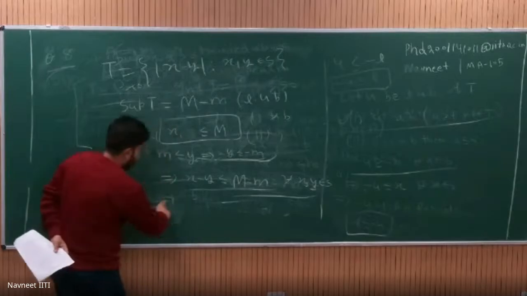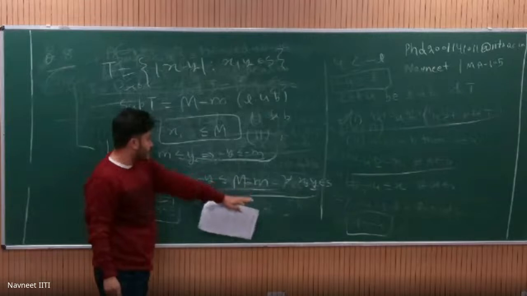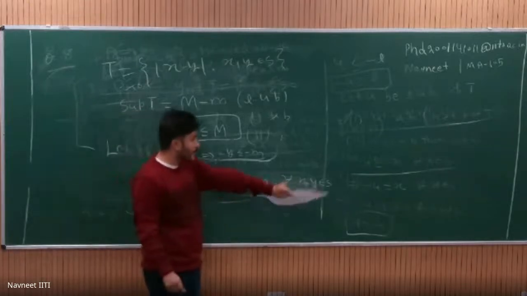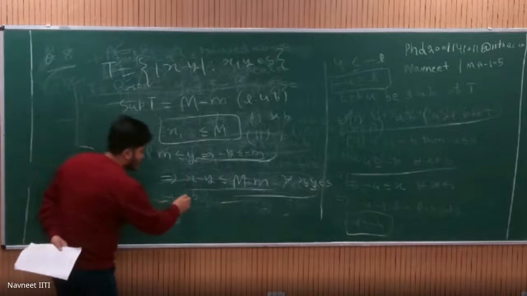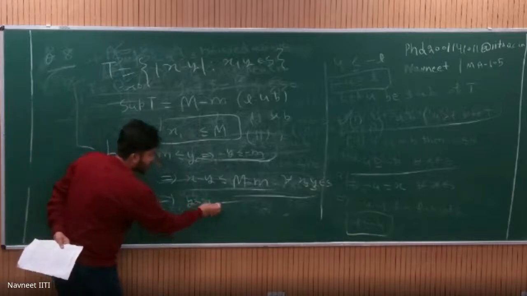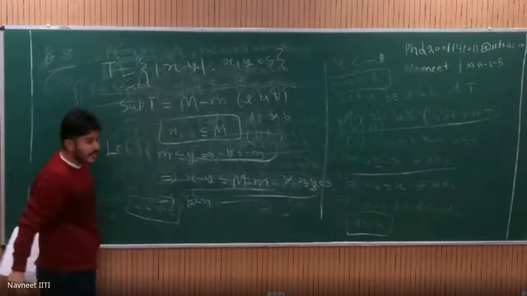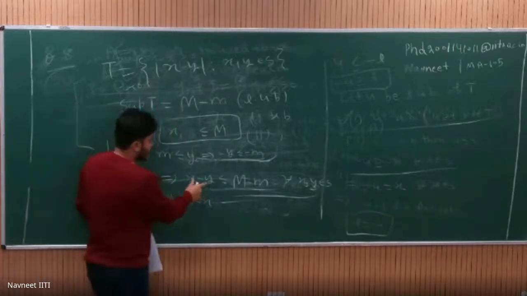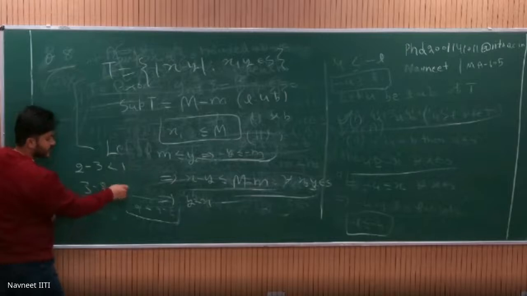Now you can see from here, if this condition is true for x and minus y, and x and y can be anyone from the set S, that means this is also true for y minus x, because x minus y can be anything. All the elements we are subtracting, it's not just a single element. I'm not saying that if 2 minus 3 is less than some number, then 3 minus 2 is also less than some number.